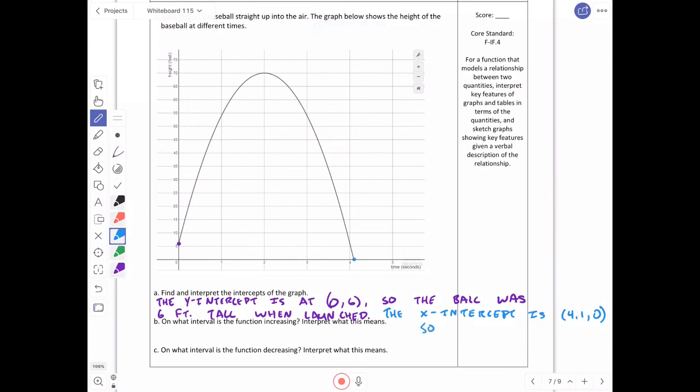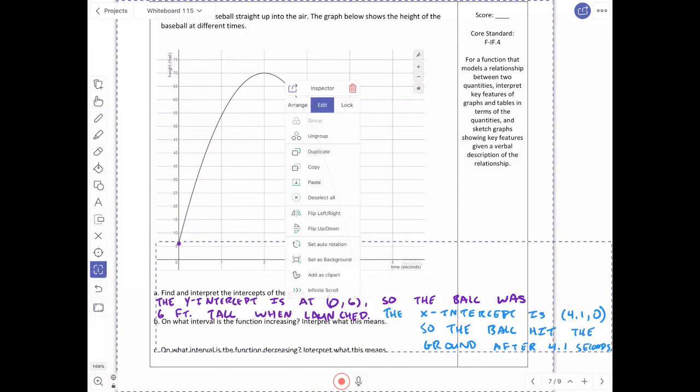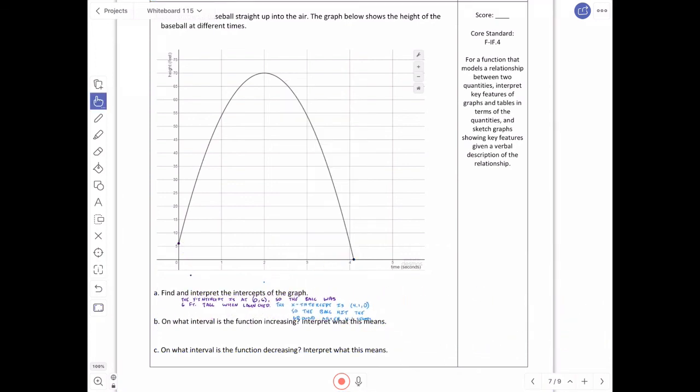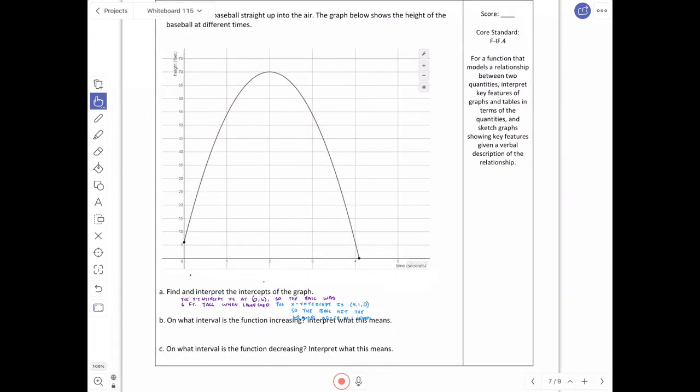So the ball hit the ground after 4.1 seconds. And I'm going to squeeze that down to fit it here. So I can go on to part B.